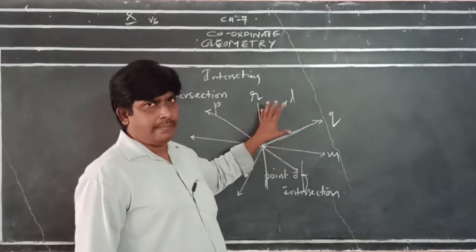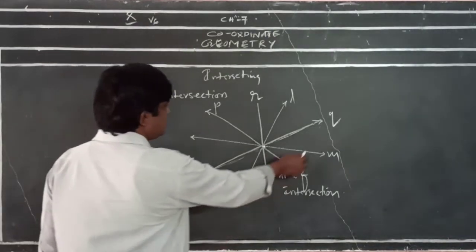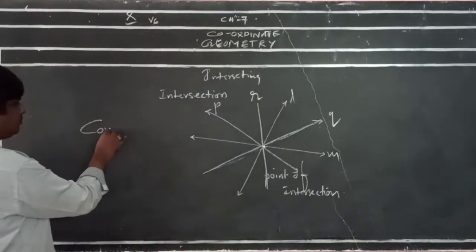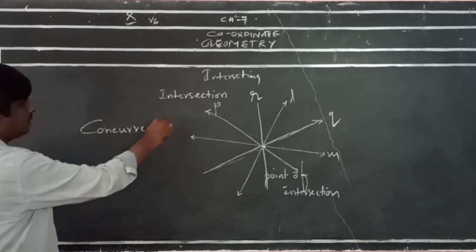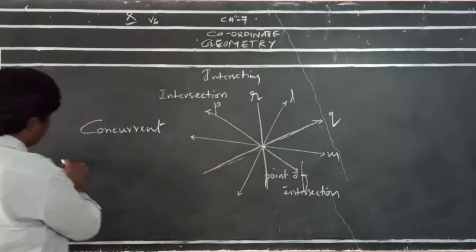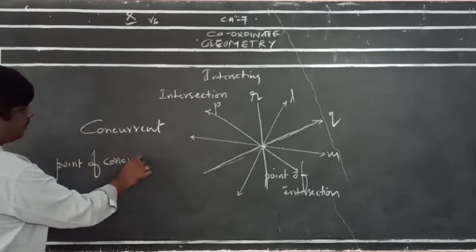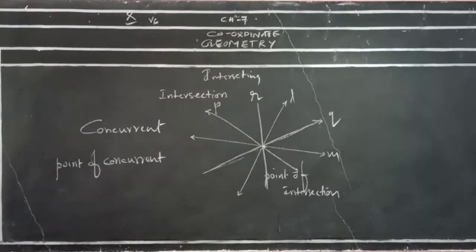When more than two lines have a common point, then these lines are said to be concurrent lines, and the common point is called the point of concurrence. If two lines have a common point, they are called intersecting lines, and if more than two lines have a common point, they are concurrent lines, and the point is the point of concurrence.